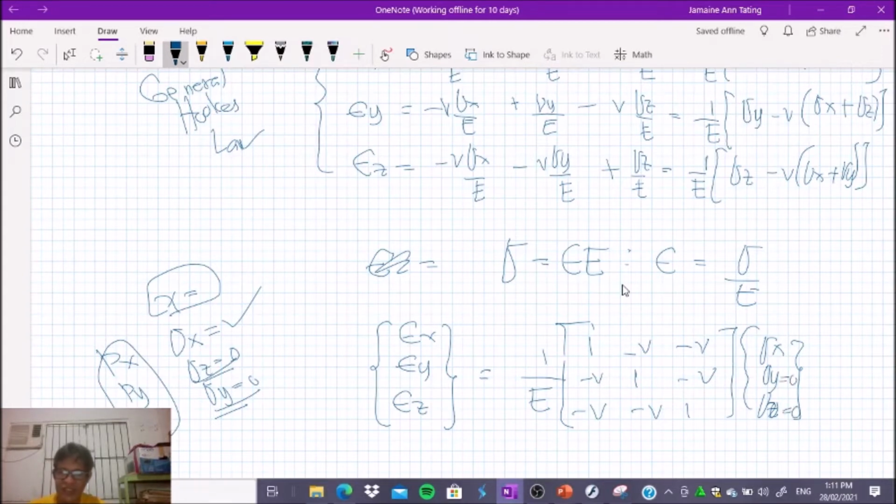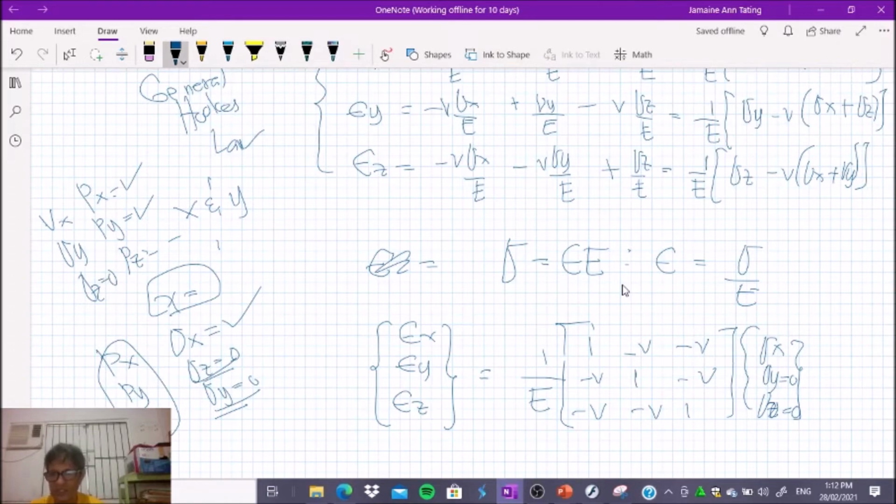magiging uniaxial na yan. Ngayon, kung biaxial, ibig sabihin, halimbawa, ang load mo nasa X and Y, ibig sabihin, meron kang PX, meron kang PY, no? Pero wala kang PZ. So, this simply means that meron kang sigma X, meron kang sigma Y, pero wala kang sigma Z. So, sigma Z is equal to 0.